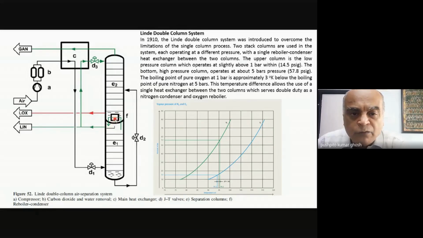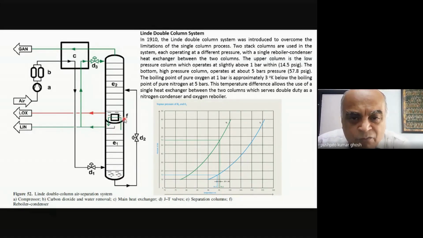So the nitrogen will transfer its heat to the oxygen, and it will in turn get condensed and become liquid. So I have liquid at the top of the column also.